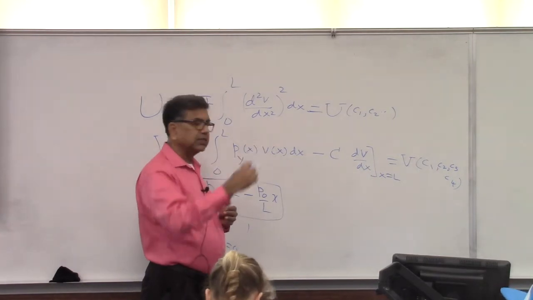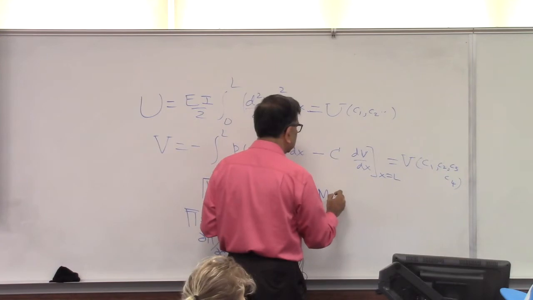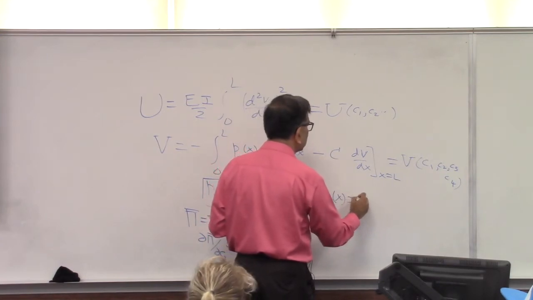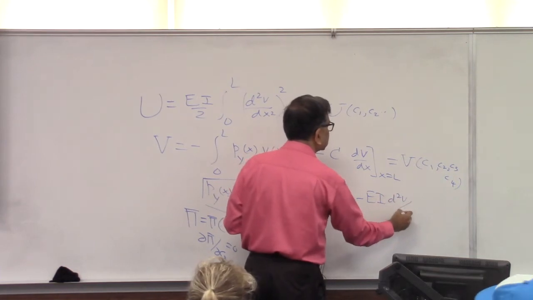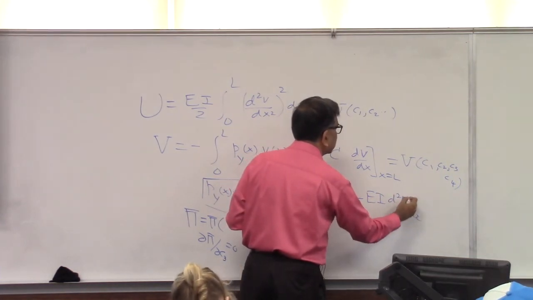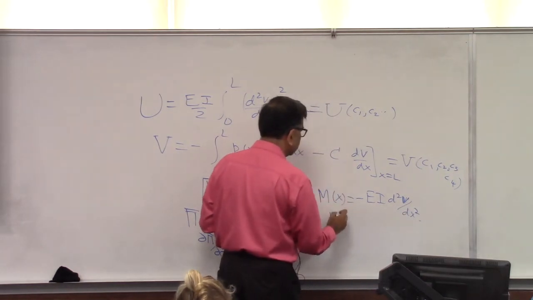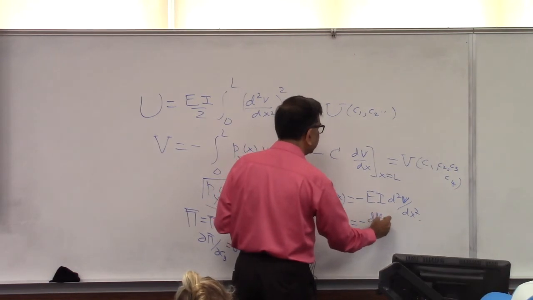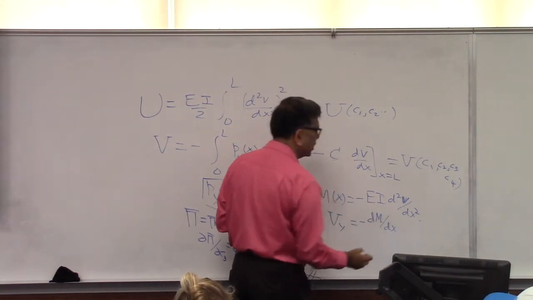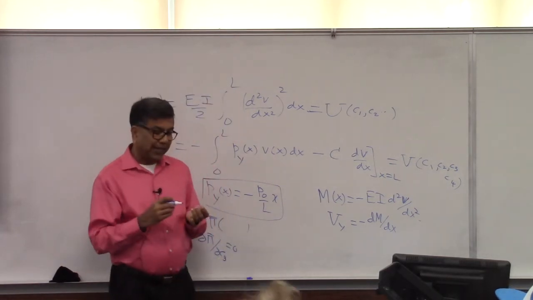You can plot it nicely. And if you want to find the bending moment, you go back and use the same formula, EI d squared v dx squared, that is my bending moment, and then the shear force Vy is given by minus dM by dx. This is an easy formula to remember. So this is how you apply the Rayleigh-Ritz method.